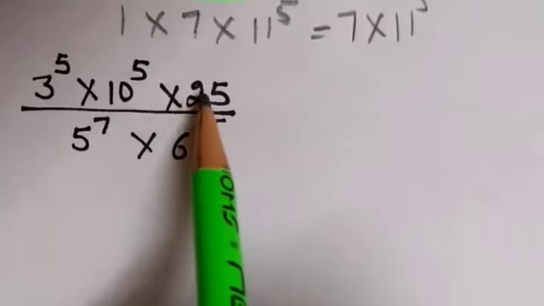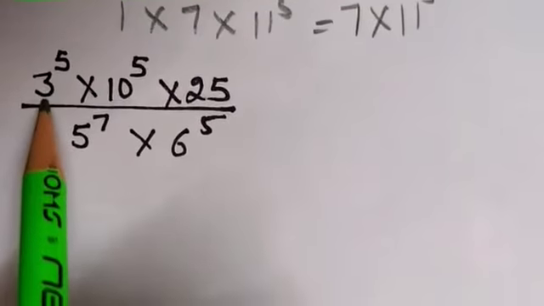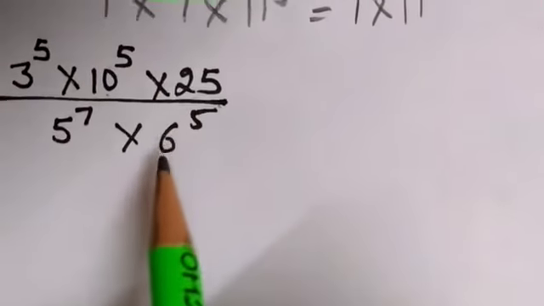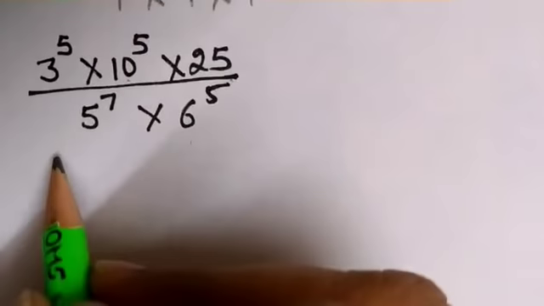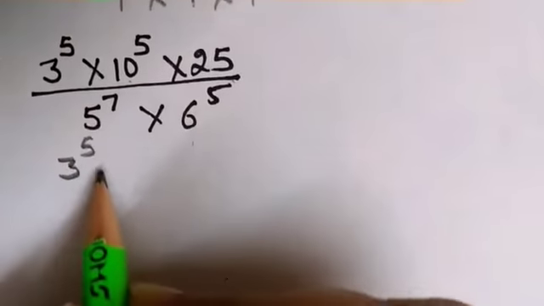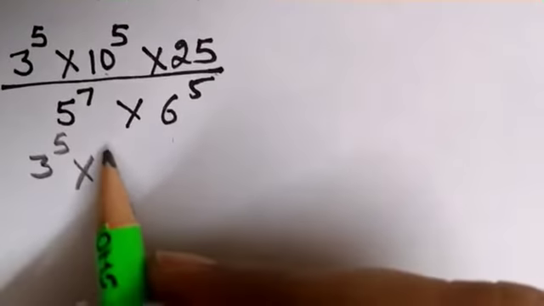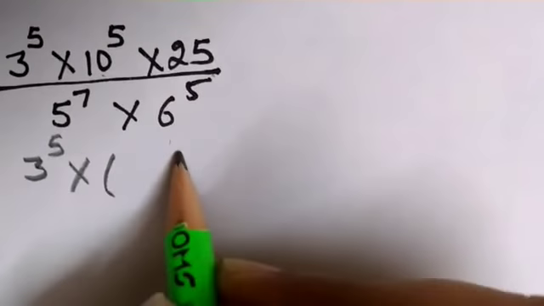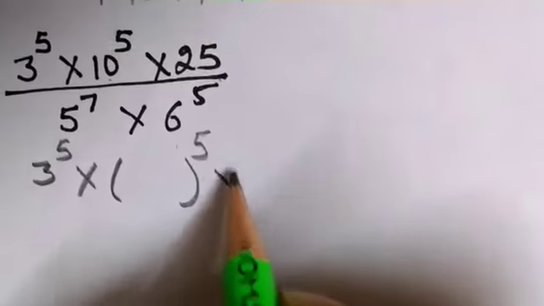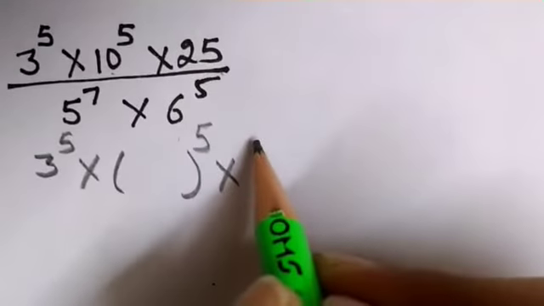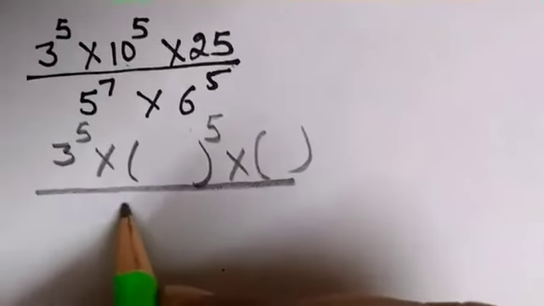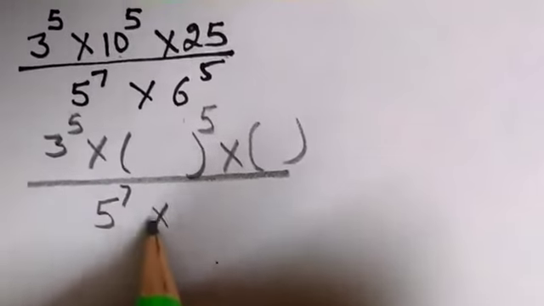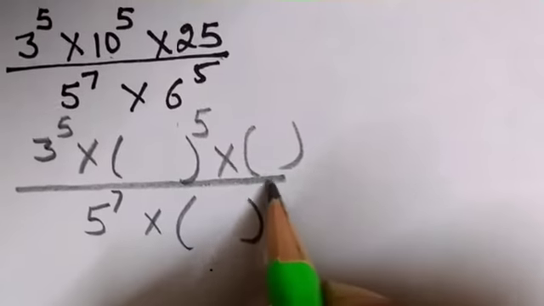Next example of simplify. 3 is a prime number, but 10, 25 and 6 are not prime numbers. So we convert to prime factors first of all. We write 3 raised to the power 5 multiply 10 is not a prime factor, so we write the bracket power 5. 25 is not a prime number, so we write the bracket 5 raised to the power 7. 6 is not a prime factor, we write the bracket.